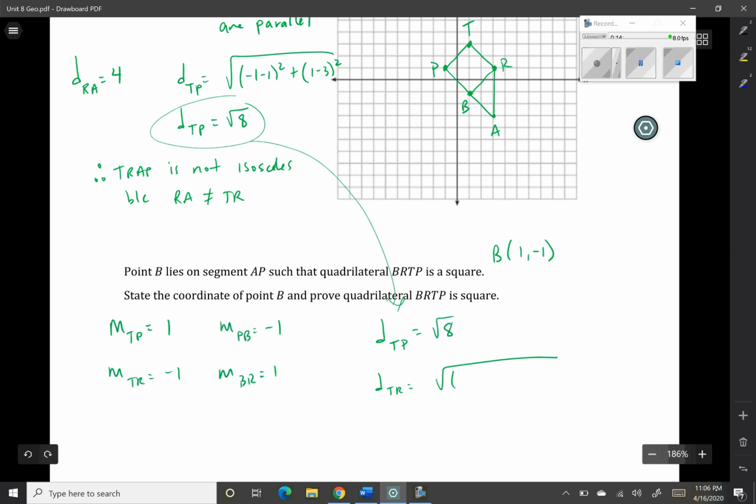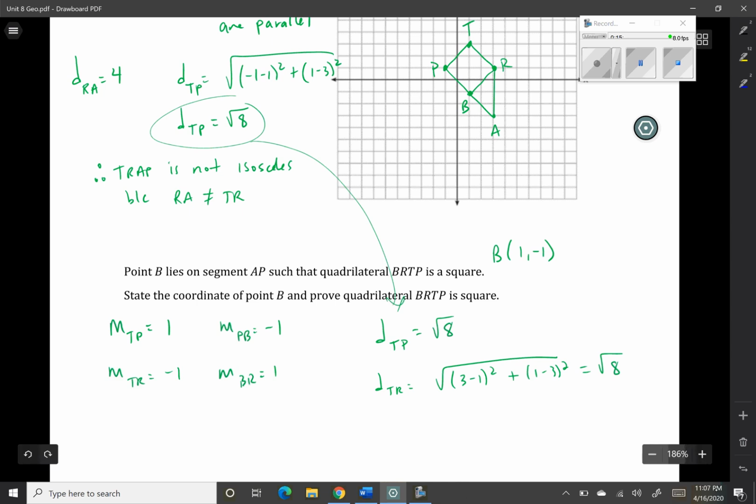To get from T to R, if I subtract my x values, I have 3 minus 1 squared plus 1 minus 3 squared, which if I type that into my calculator also gives me 8. So now I know that we have parallel sides, making it a parallelogram. I have perpendicular consecutive sides, making it a rectangle or a square. And I have consecutive sides that are congruent, making it a square.